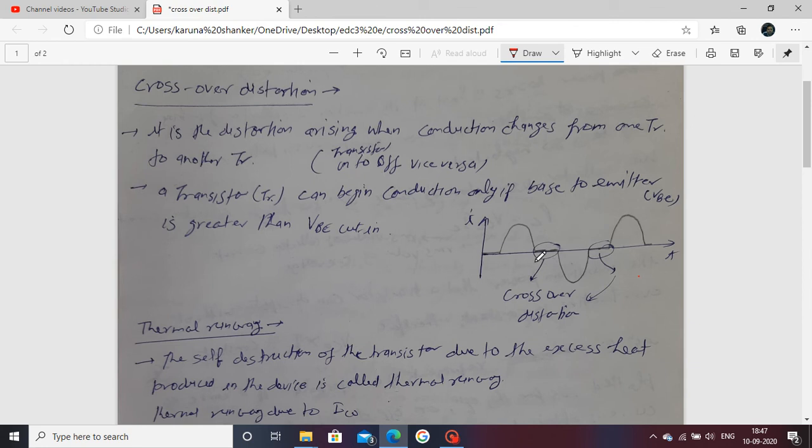There is a certain cutoff voltage, a threshold voltage, such as 0.7. After this 0.7, the transistor starts conducting. That's why in this region the transistor is not conducting.